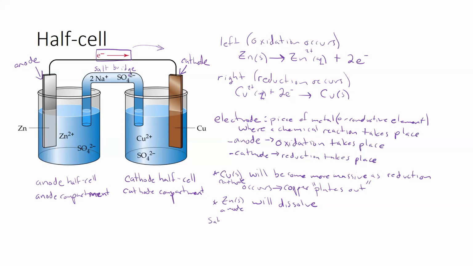The salt bridge is some sort of a gel or porous substance that allows ions to move from one side to another, or in one direction or another.